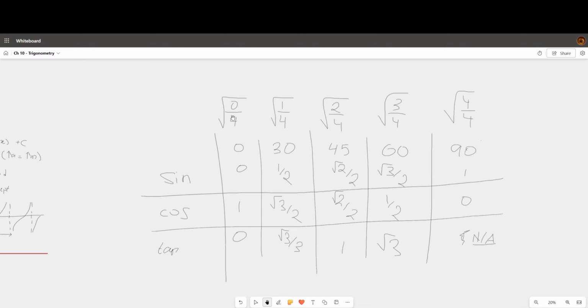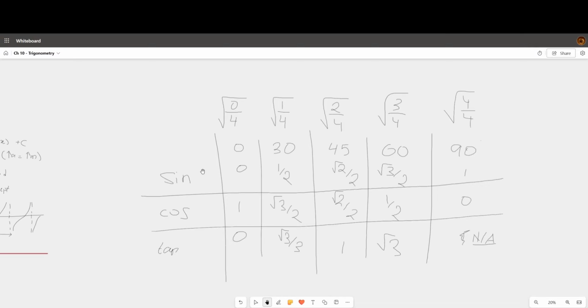If you just remember, 0 is 0, 30 is 1, so root 1 by 4 is 1 by 2, root 2 by 4 is root 2 by 2, and root 3 by 4 is root 3 all over 2, root 4 by 4 is just the square root of 1, which is 1. So 0, 1, 2, 3, 4, these are the first 5 whole numbers, and they correspond to these angles in increasing order as well.